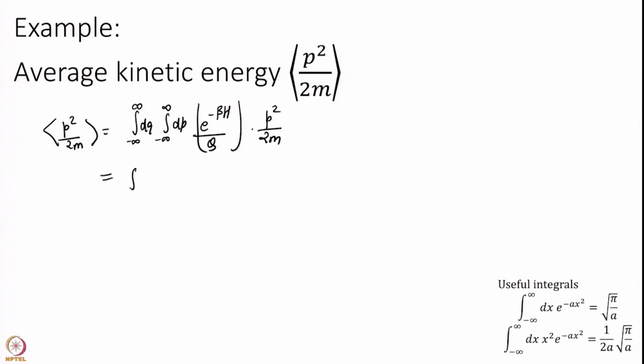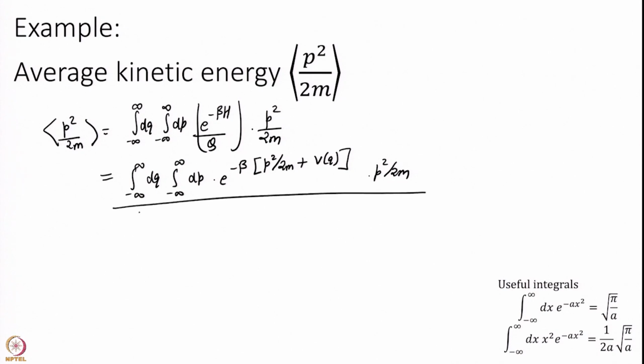So, just like we did for average momentum, we will separate these and write the Hamiltonian. And the denominator will be the partition function, which looks very close to the numerator, but not exactly.